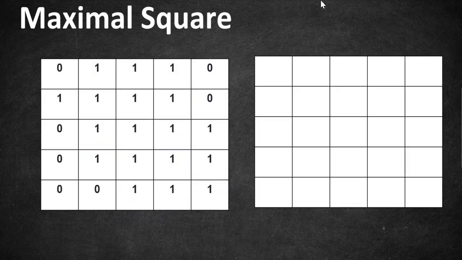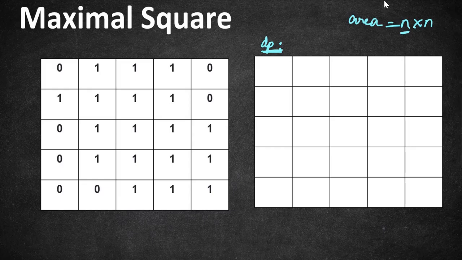Now let us consider this as a DP array, which is going to store the side length of a square, since the area of a square is equal to n cross n. If you find the side length of a square, all whose values are 1, then you can easily find the area.